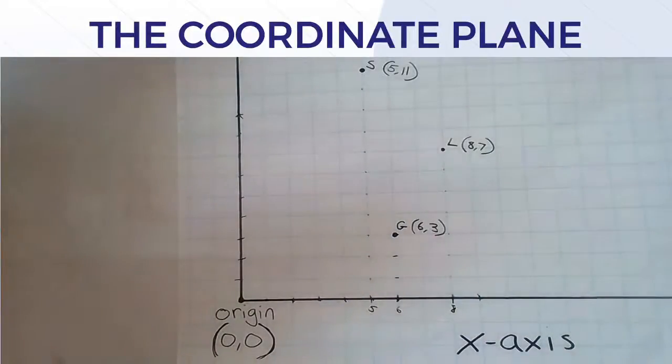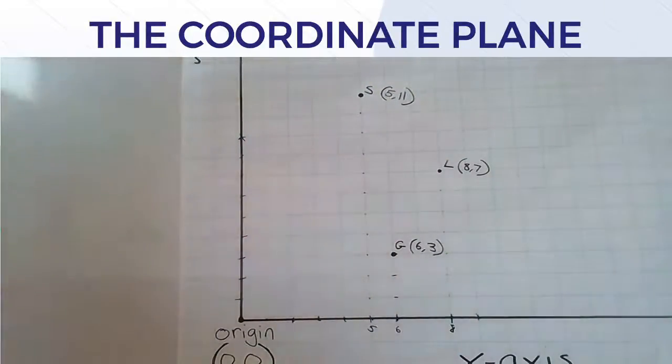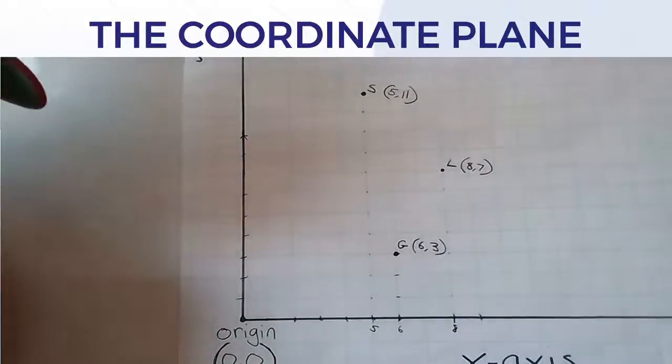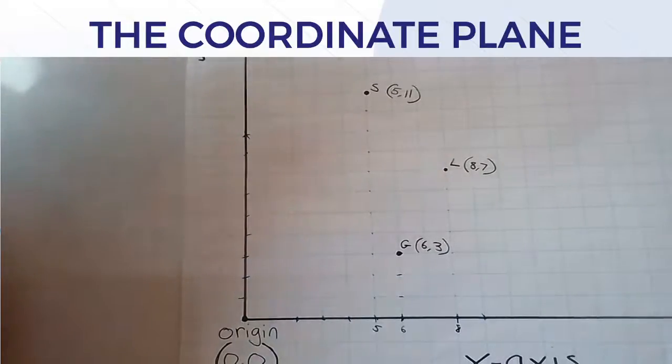Okay, so taking a look at our coordinates there. Now here's a question. Let's see if we can figure this out. How many blocks would it take us if we wanted to go from the library back to the grocery store?